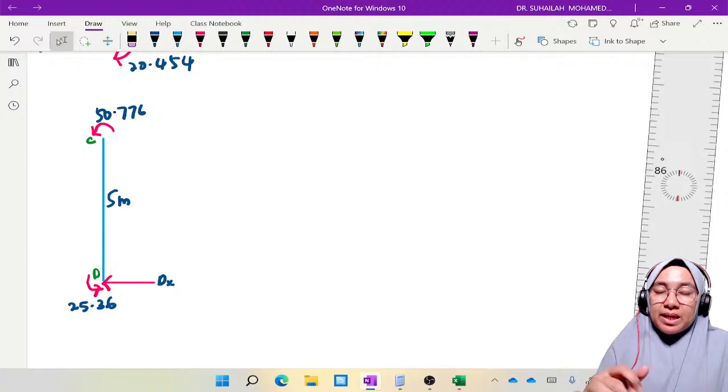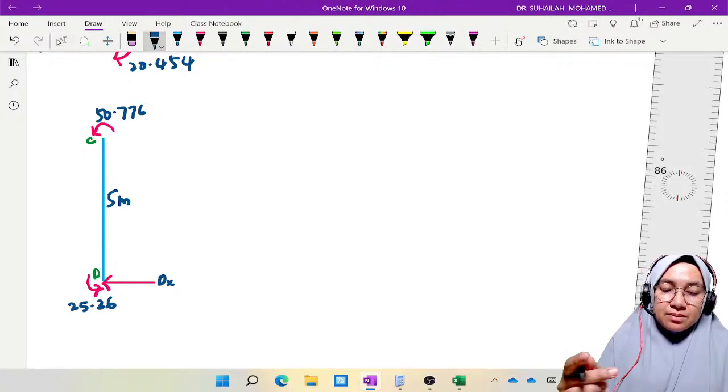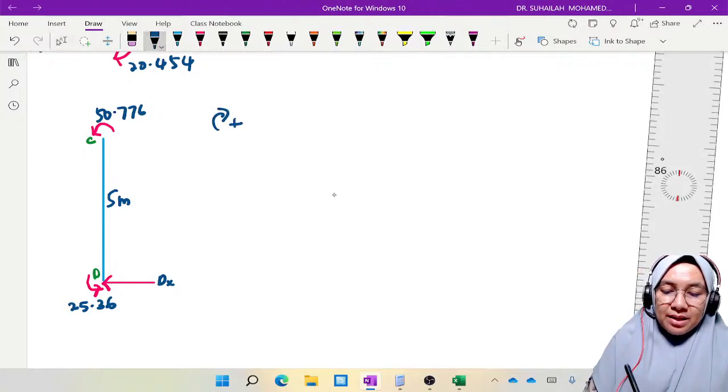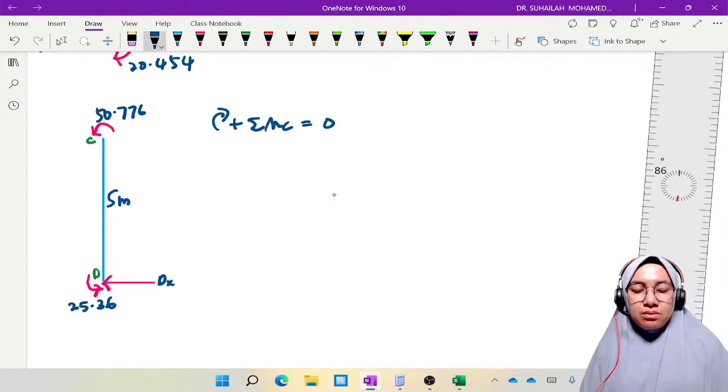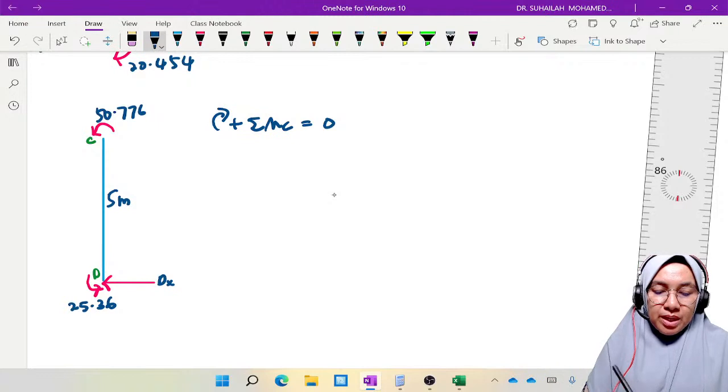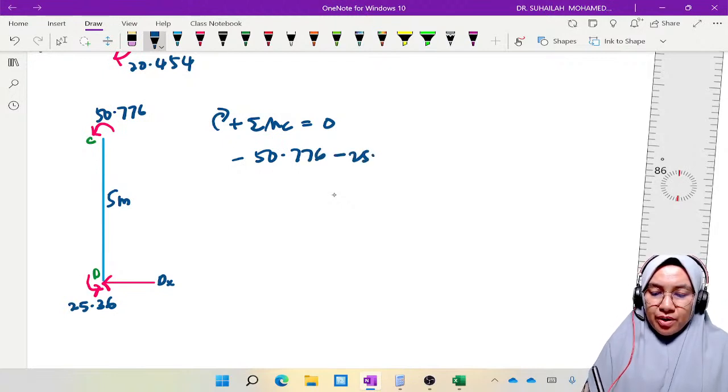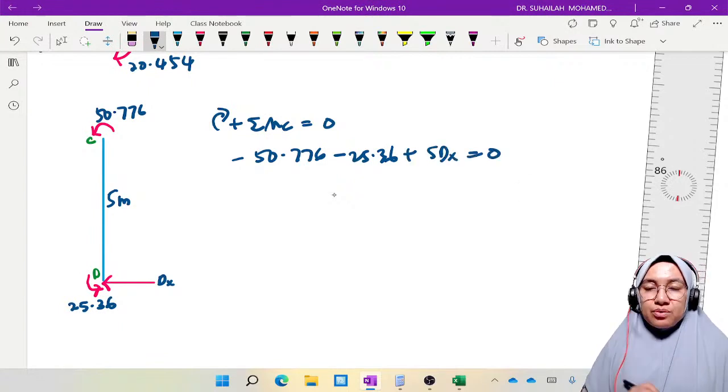So by taking moment at C, which is equal to 0, we get negative 50.776 minus 25.36 plus 5dx, and this is equal to 0.